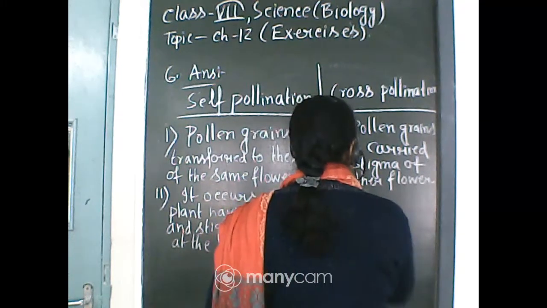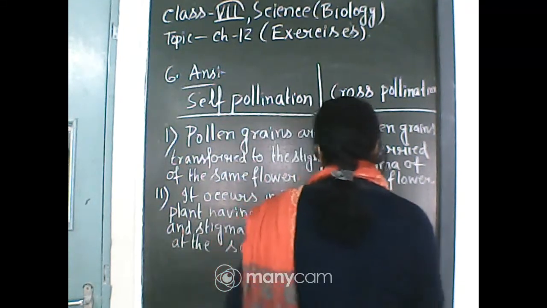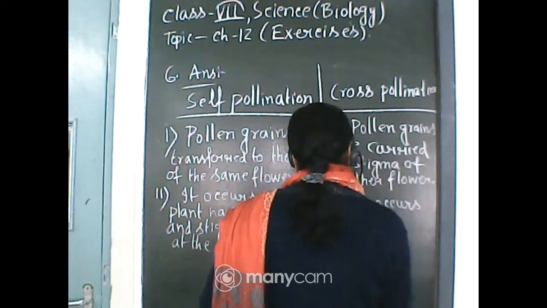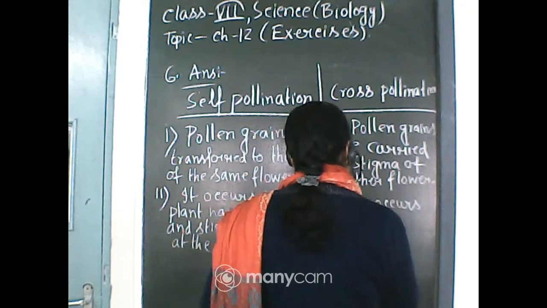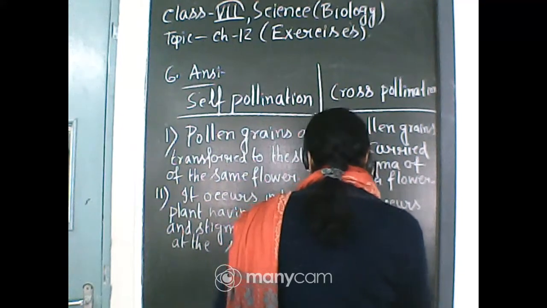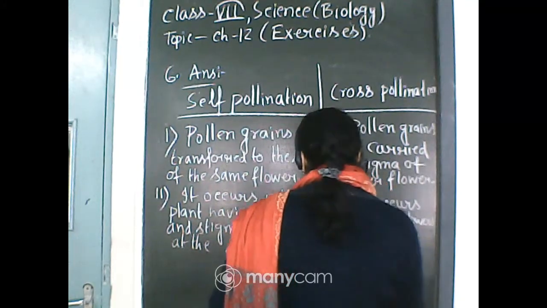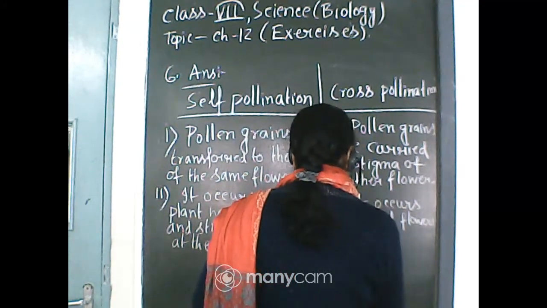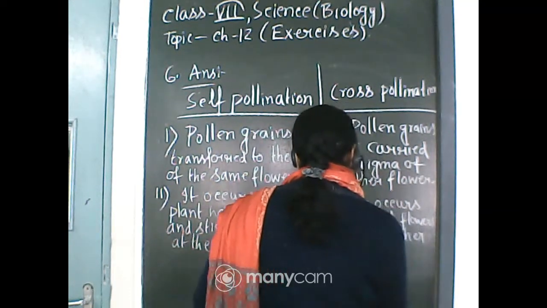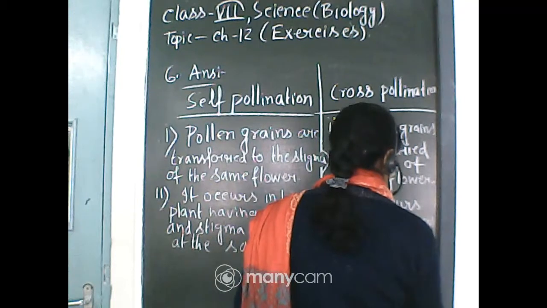And in case of cross pollination you can write that it also occurs in bisexual as well as unisexual flowers, but mainly in bisexual flowers having anther and stigma maturing at different times.